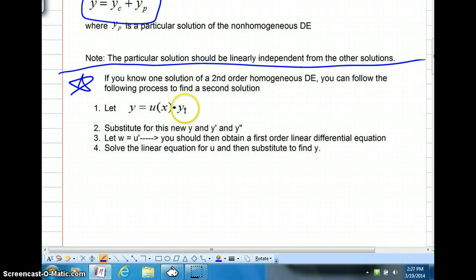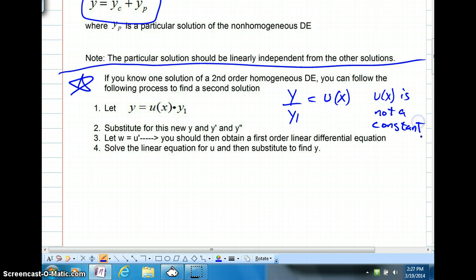Now, we said that our solutions should be linearly independent. That means that when I divide y by y sub 1, I should get u of x, where u of x is not a constant. This is just a simpler way of saying that y and y sub 1 are linearly independent.